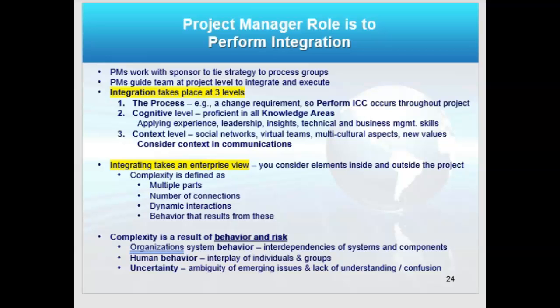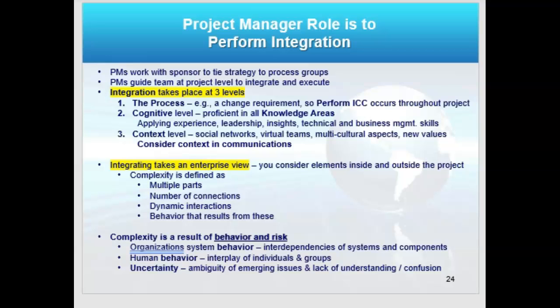Right? So integration takes place at three levels. The process level, where you're using integrated change control to make changes to the processes and the outputs and other things. There's the cognitive level, which is having some proficiency in all the knowledge areas, though not an expert.